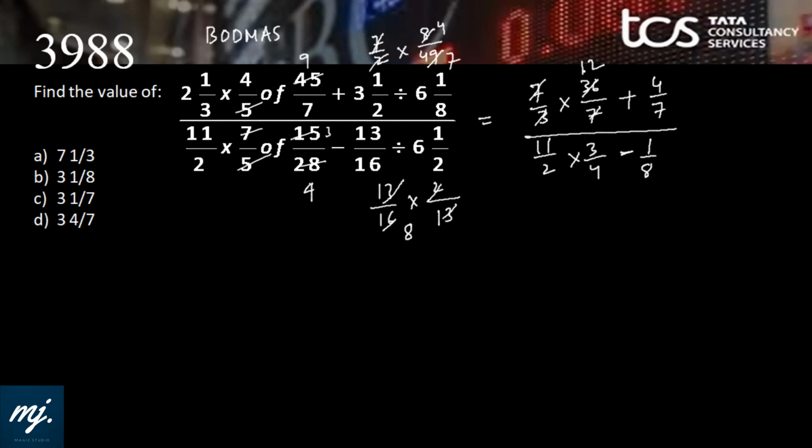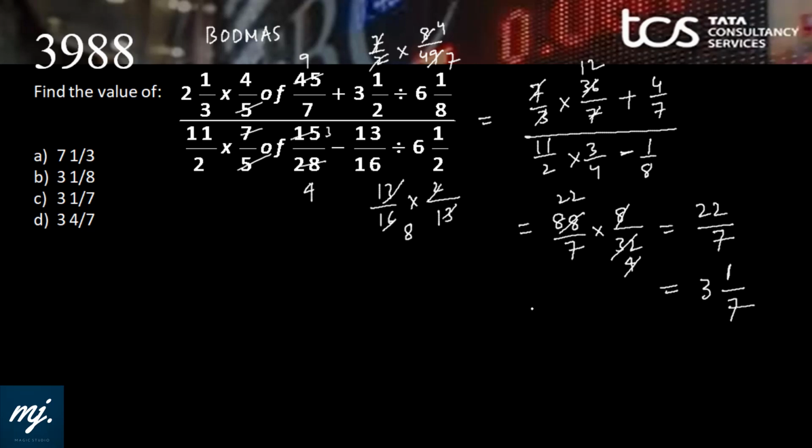So 7 into 12 is 84 plus 4 is 88. 88 by 7 in the numerator. In the denominator it is 8. 33 minus 1, 32. So it is 8 by 32. This goes 4 times and this is 22. So it is giving 22 by 7. That is 3, 1 by 7. Yes, that we have in option C.